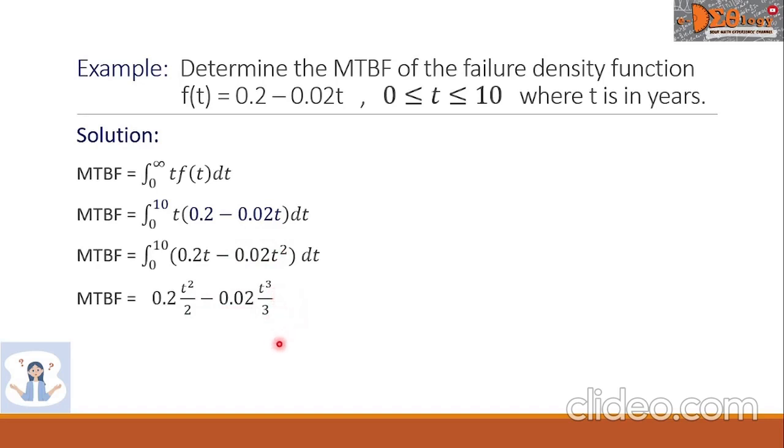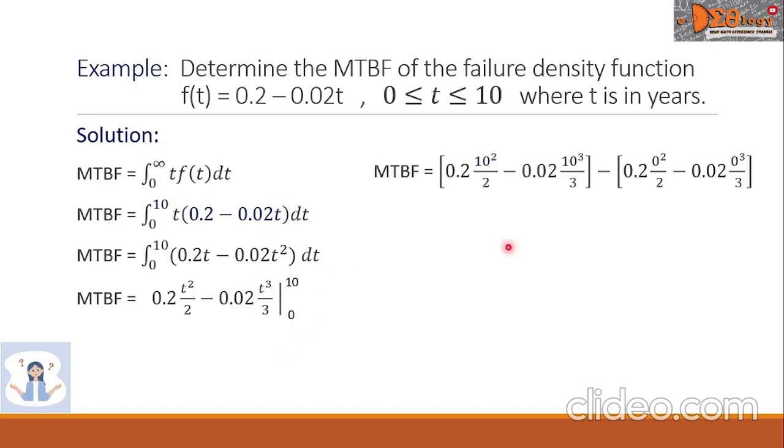Then we will evaluate this from 0 to 10. So it becomes like this. The first group is about this function and the variable t is changed into 10. Minus the second group, this same function where t is replaced by 0 respectively.